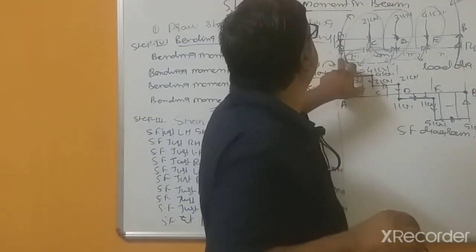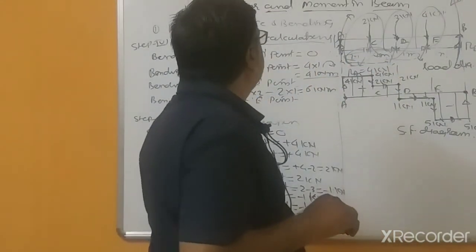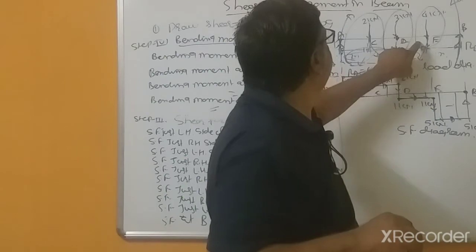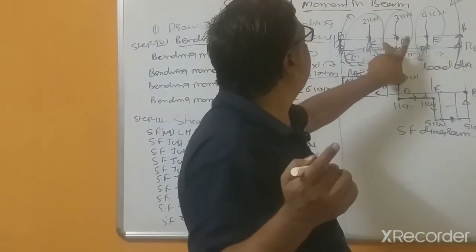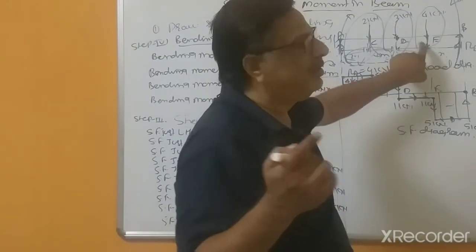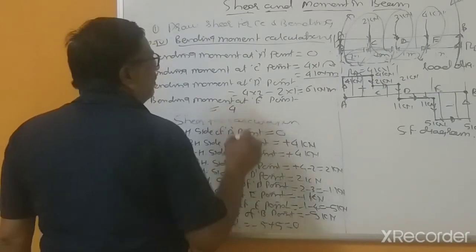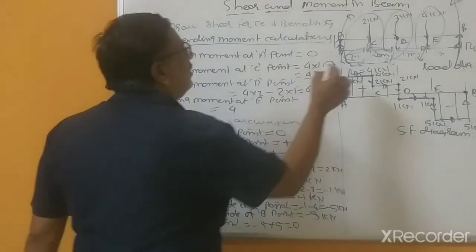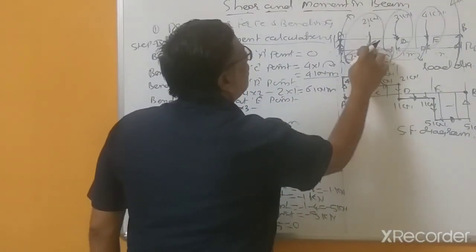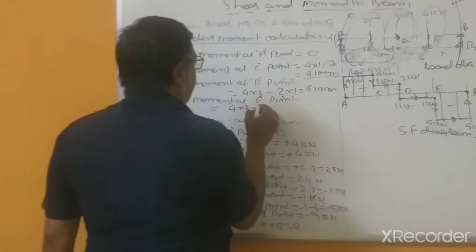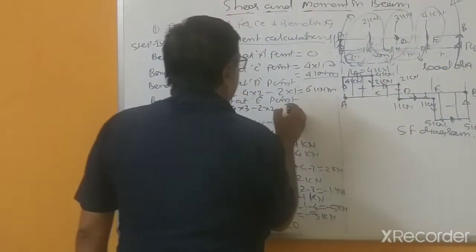One is reaction RA multiplied by distance equal to 3, because this is 1, 1, 1, and here are 2 moments: 2 multiplied by 2, 1 meter, 1 meter, and 3 multiplied by only 1 meter. So you can write clockwise moment 4 multiplied by distance equal to 3, and anti-clockwise 2 multiplied by distance 2 meter, and the third moment 3 multiplied by 1.